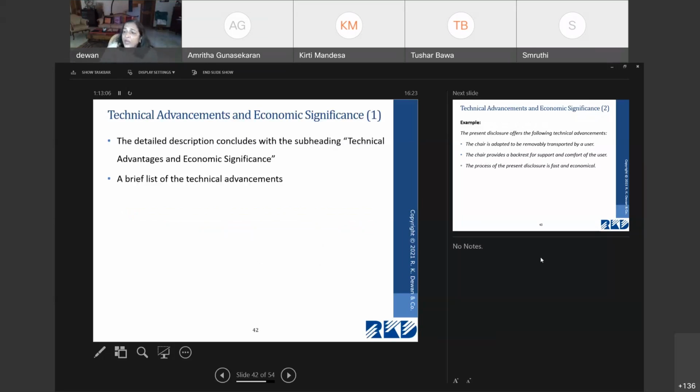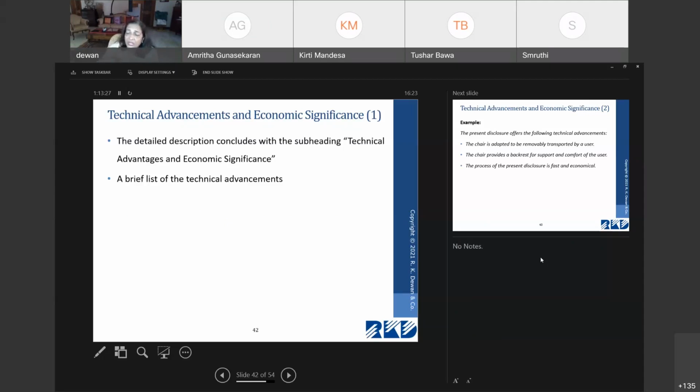So it is a good practice to put a separate heading and show the technical advancement and the economic significance. For example, if you use materials which are less expensive and you are still able to get the same result, then show that calculation.